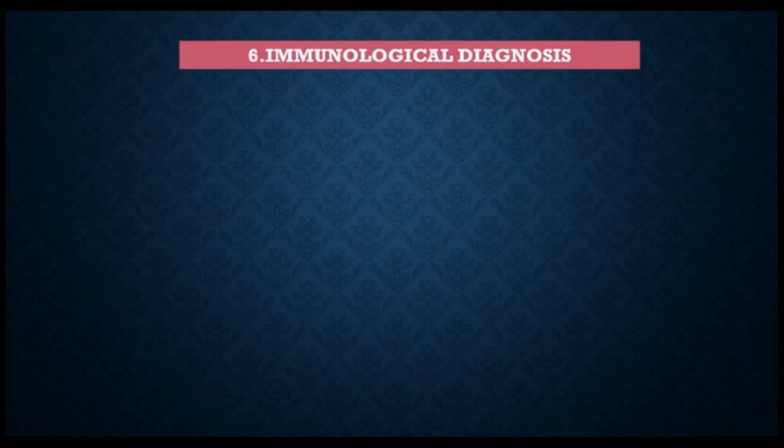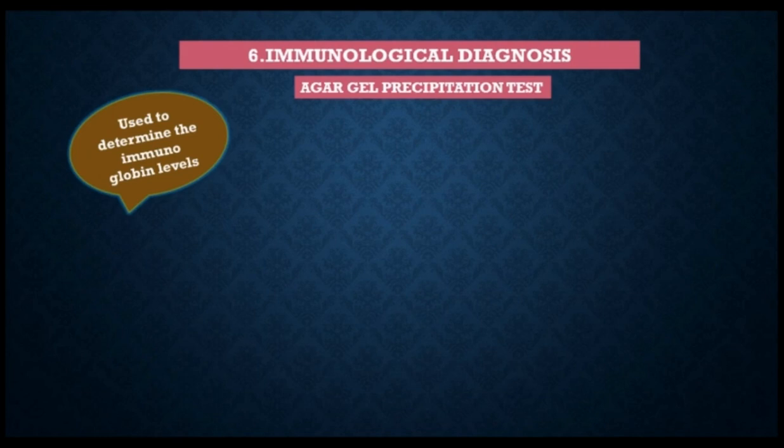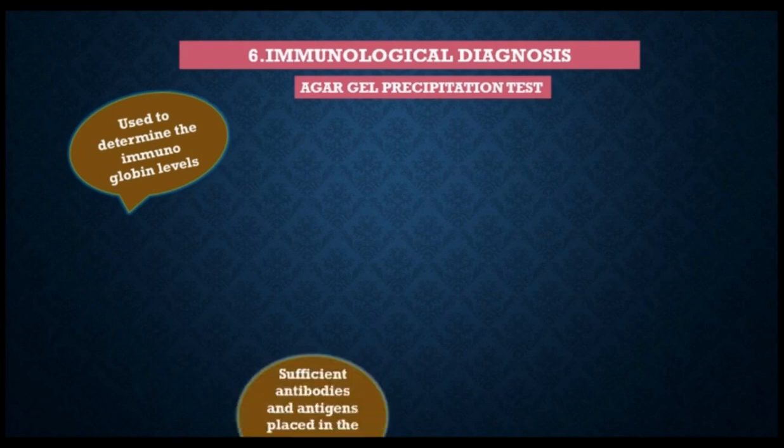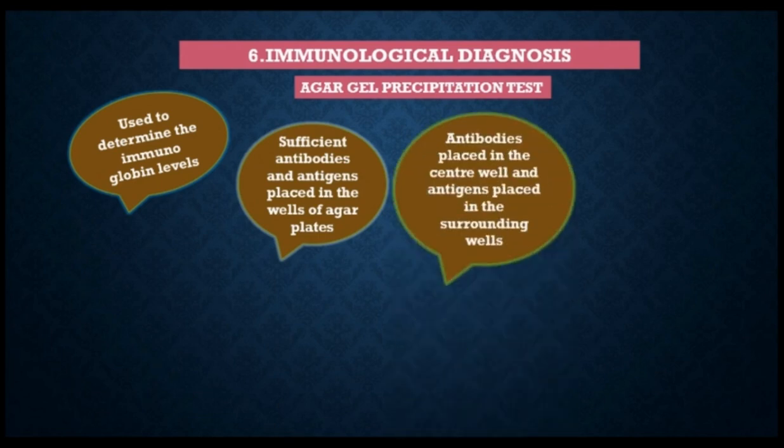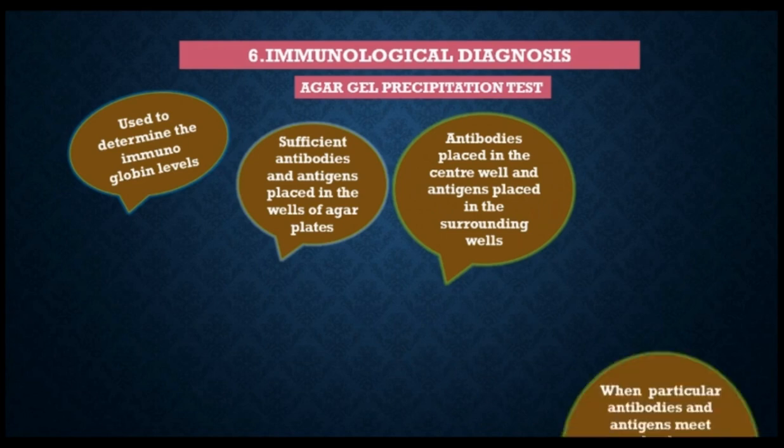Let us quickly go through the immunological diagnosis. Serological tests can be performed for diagnostic purposes when a pathogen is suspected. We are going through the agar gel precipitation test, which is used to determine immunoglobulin levels. Antibodies and antigens are placed in the wells of agar plates: antibodies in the center well and antigens in the surrounding wells.